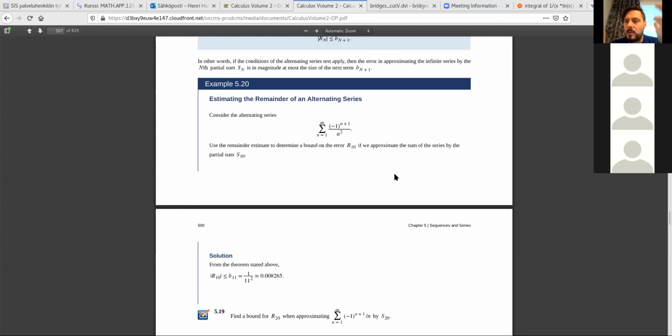The higher the frequency, it's proportionate to the inverse of the square of the frequency. So you get this 1 over k squared kind of amplitudes for those higher frequencies.